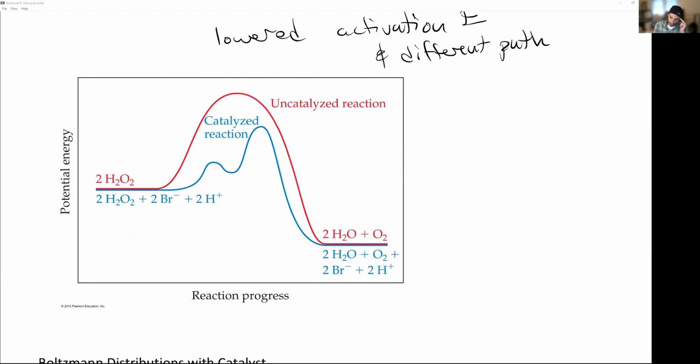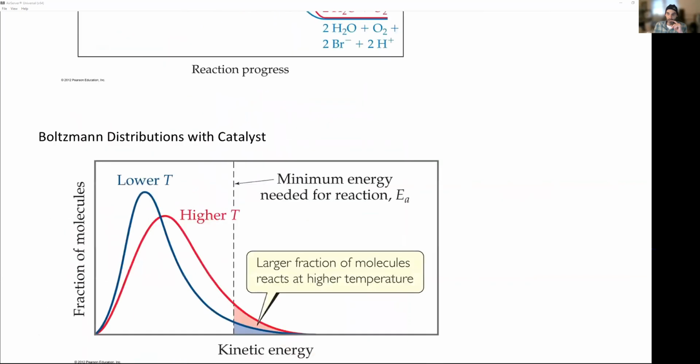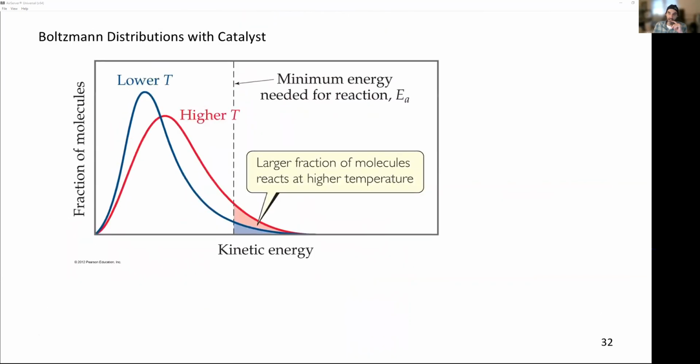Okay, so again, the idea of a catalyst is here's the bromine, right? Here's the H plus, here's the H plus. So the HBr is not consumed. It can continue to process through the reaction. Right, Boltzmann distribution, again, if we want to run things at a lower temperature, a catalyst might be the only way to achieve that, right?